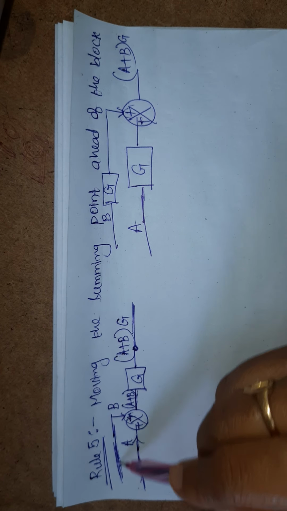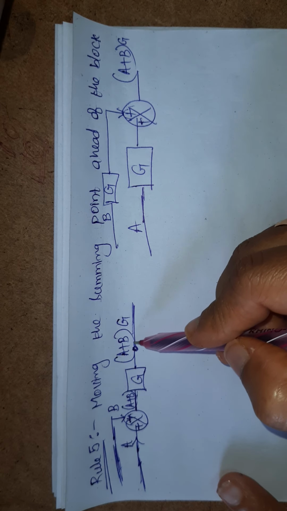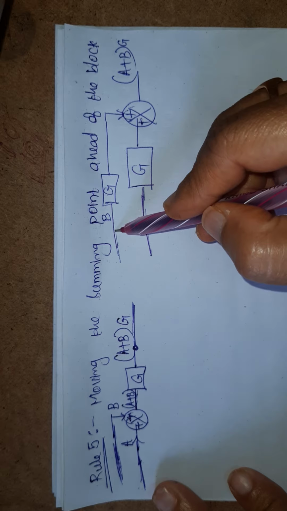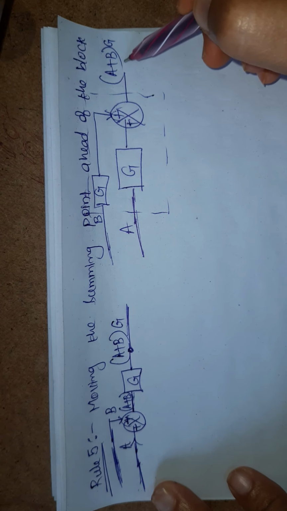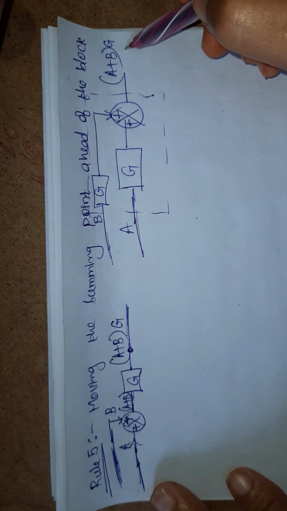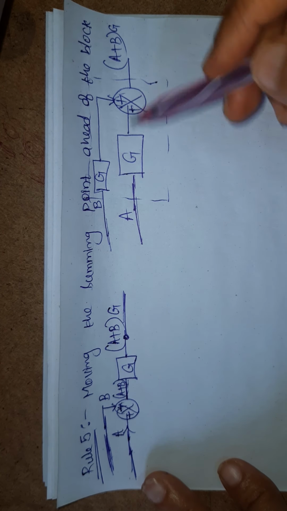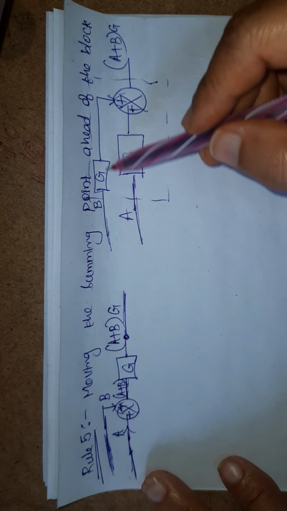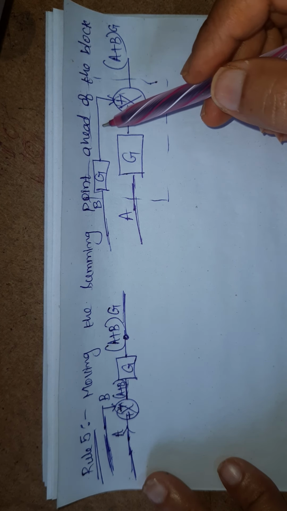So here inputs are A, B, and output is A plus B into G. If we are moving the summing point or branch point ahead or before, we are getting extra blocks, either G or 1 by G.